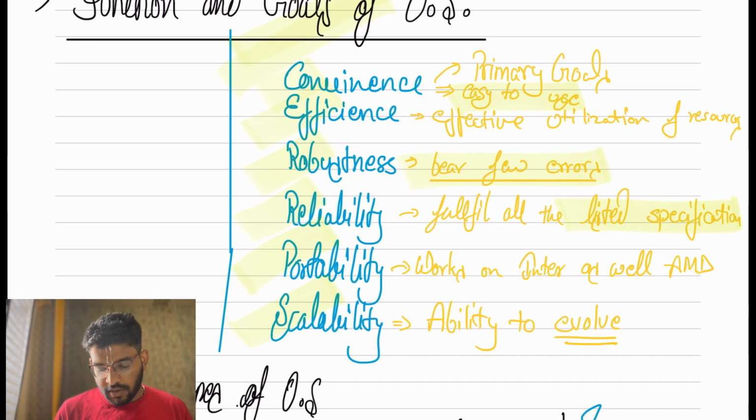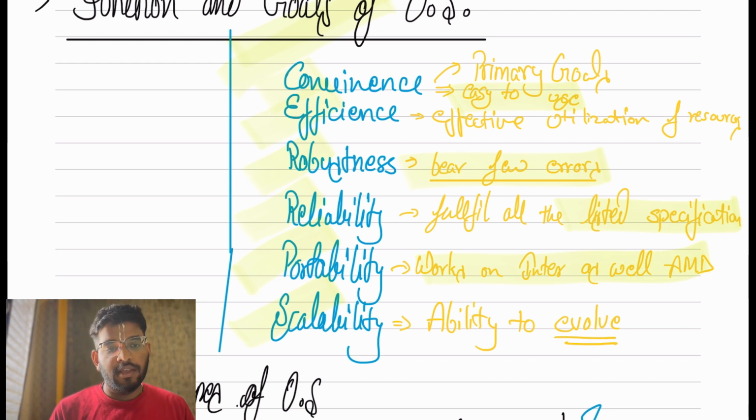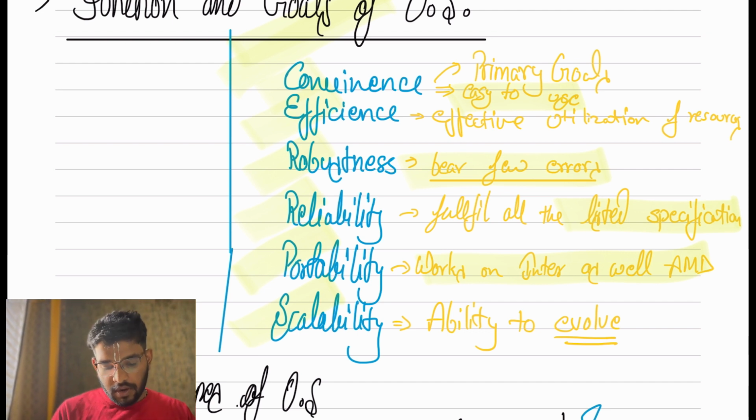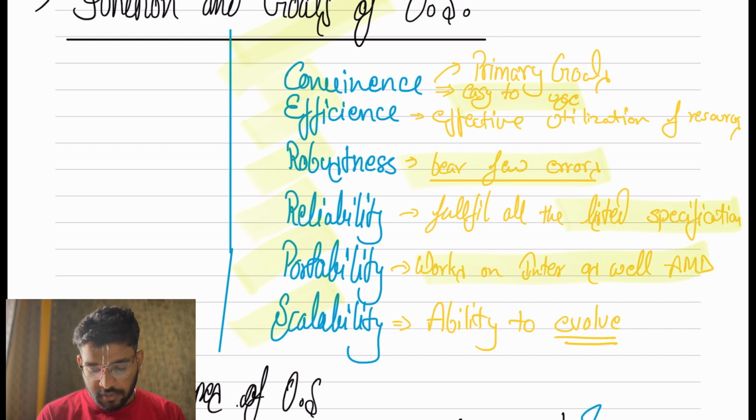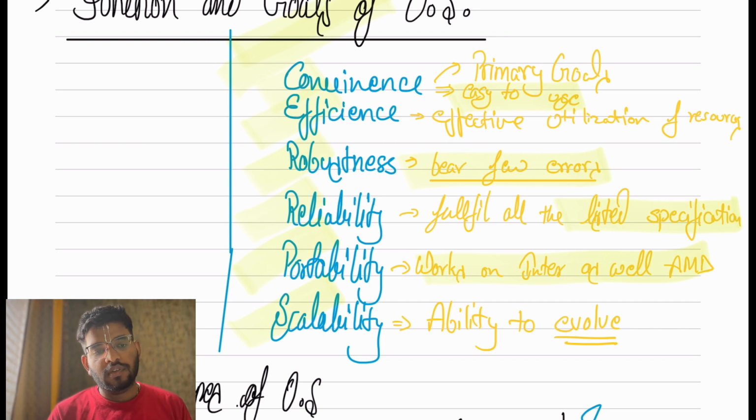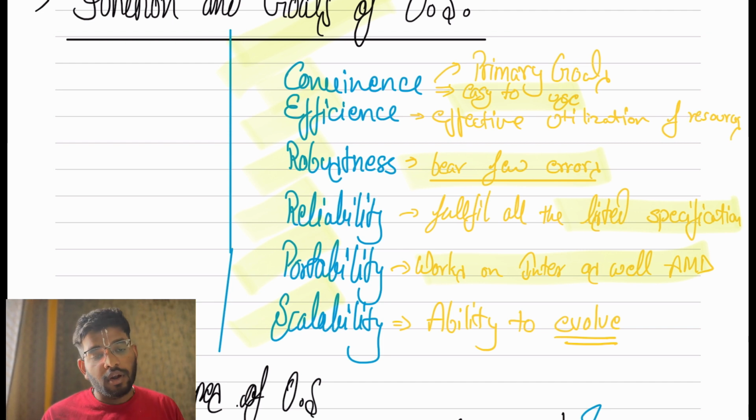Portability here means that it works for different types of CPUs, such as Intel, AMD, and Motorola, whatever the make. But portability for an operating system means that your operating system can work on different types of devices, such as the x86 architecture and the ARM architecture.